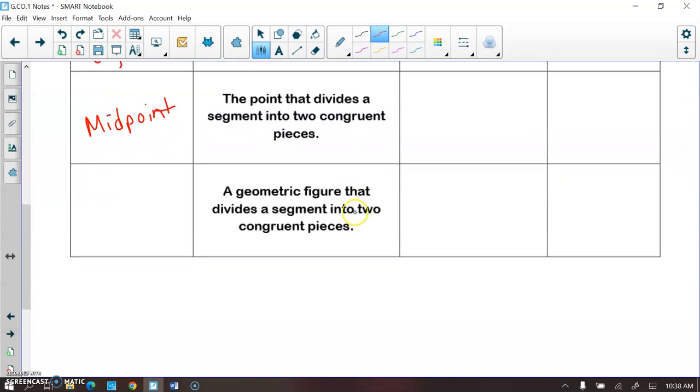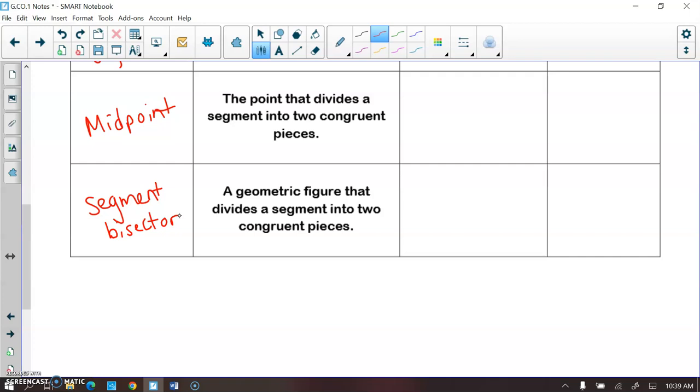A geometric figure that divides a segment into two congruent pieces is called a segment bisector. So it's not a point we're talking about, like a line going through a segment or a ray going through a segment. That is called a segment bisector.